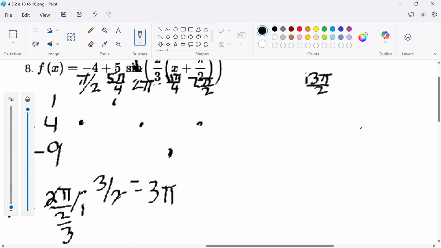And then between 13 pi over 2 and 7 pi over 2 is 20 pi over 2, divided by 2 is 5 pi, which is 10 pi over 2. That's 23 pi over 4.